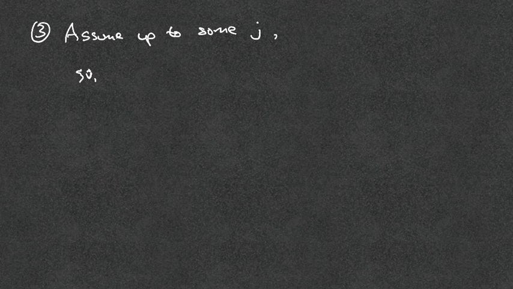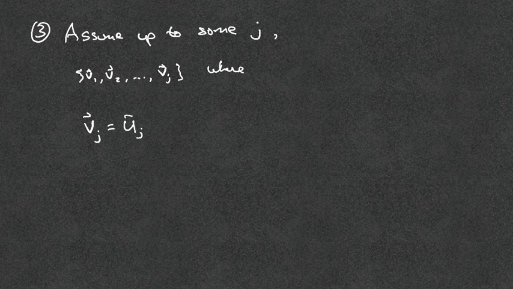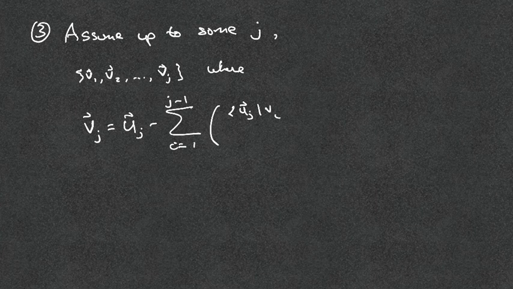So now we assume that up to some j we have our vectors v1, v2, all the way up to v sub j, where we have our v sub j equal to our u sub j minus the sum, i goes from 1 up to j minus 1, of the projections of u sub j onto v sub i, over the v sub i inner product with v sub i, times v sub i.